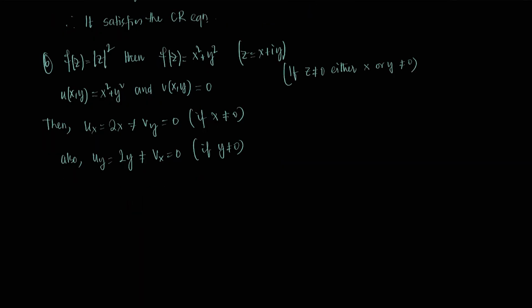So you see, either one of them is not 0, so basically one of the equations is not satisfied. For the CR equation to be satisfied, both have to be satisfied, right?